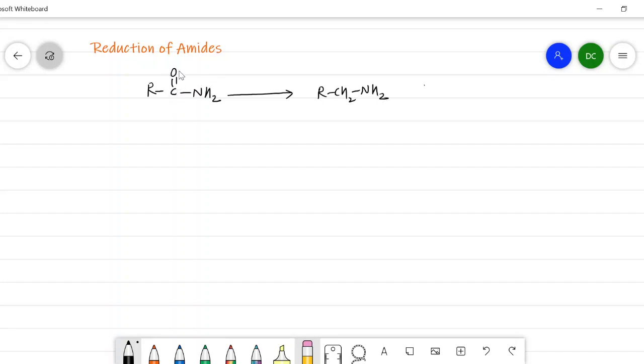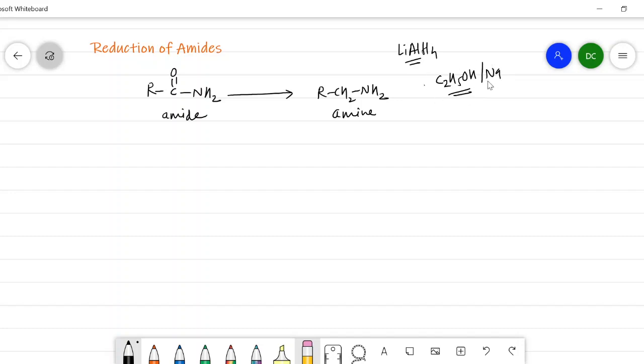From this CO group, the oxygen is removed, and in place of oxygen, hydrogens are added. To convert this amide into amine, we have to use a specific catalyst, lithium aluminum hydride. It will convert CO into CH2, or in place of lithium aluminum hydride, we can use ethanol and sodium.